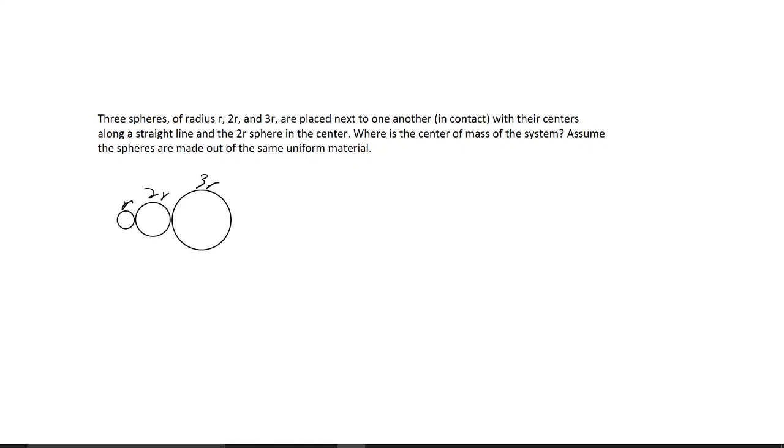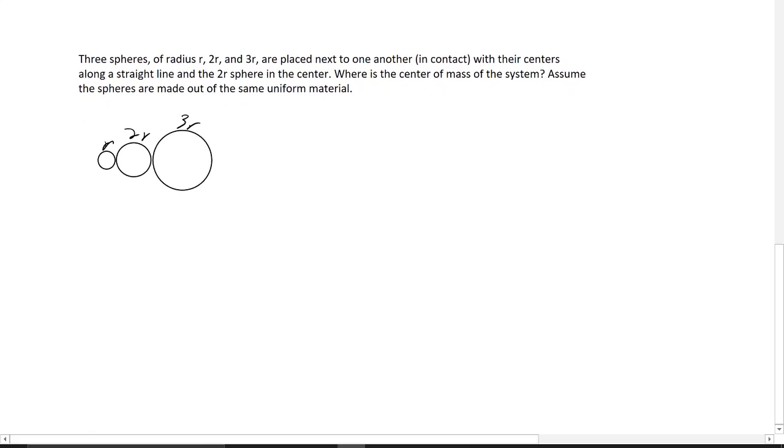And first of all, I'd like to talk about my experiences with this question. When I was less experienced with center of mass, I thought that since you can draw a line through it, and the top and bottom are symmetrical, you can just cancel them out. So it would just be a one-dimensional problem, and then you just find the middle of all three spheres, which would be here.